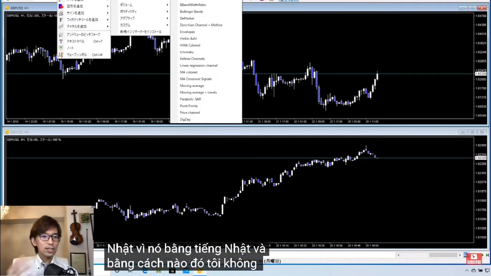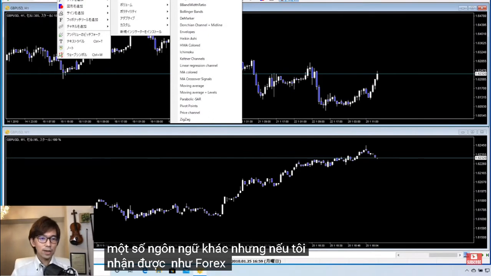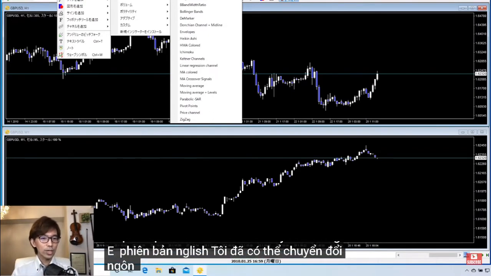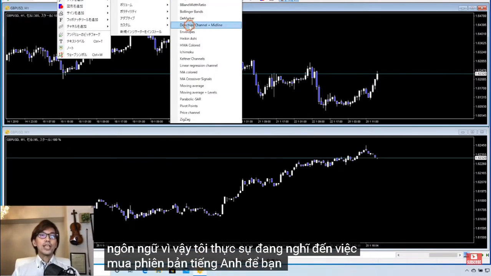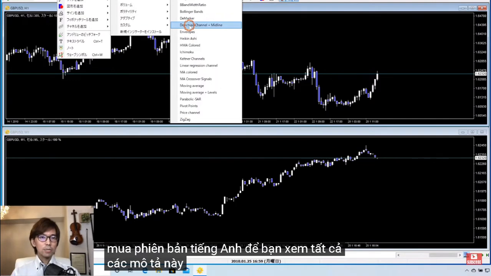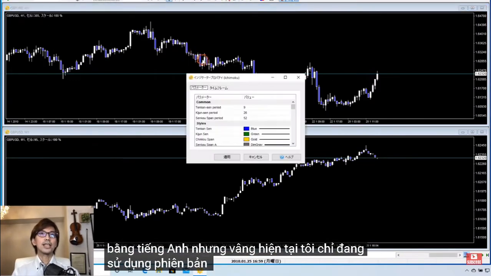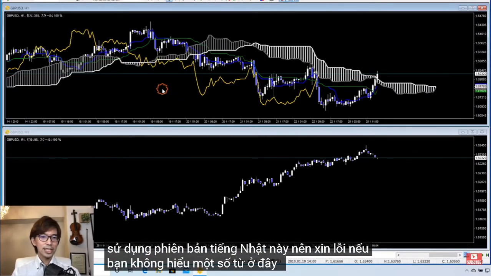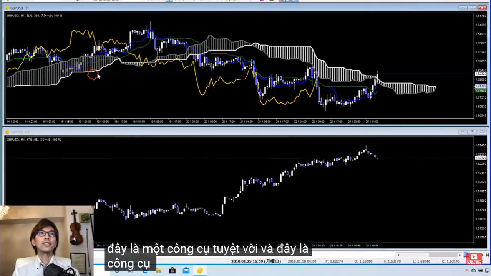If I were getting this Forex Tester 4 in the English version, I was able to switch the languages. So I am actually thinking of buying the English version so that you can see all these descriptions in English. But for now, I'm just using this Japanese version. So sorry if you don't understand some words here. But this is a great tool, and this is my favorite tool to run.